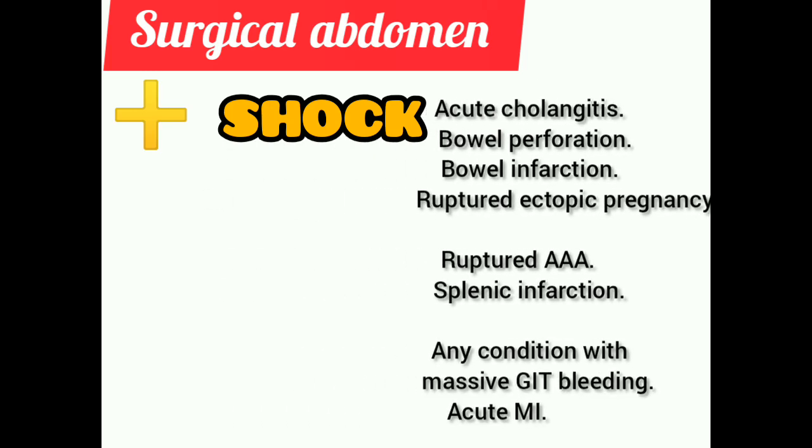There are conditions you must put first on your list when you see a patient with abdominal pain and shock. These conditions are acute cholangitis, bowel perforation, bowel infarction, ruptured ectopic pregnancy, ruptured AAA, splenic rupture, any condition with concurrent massive bleeding, and acute MI.